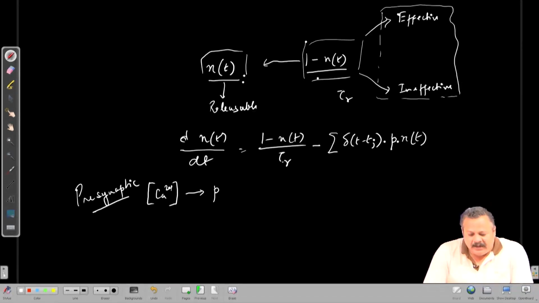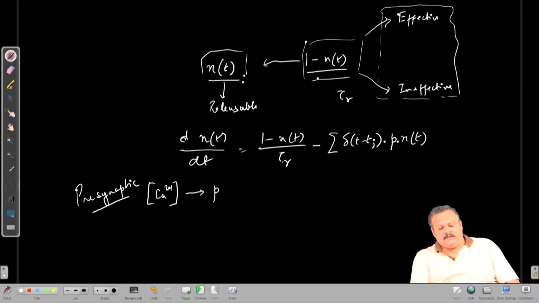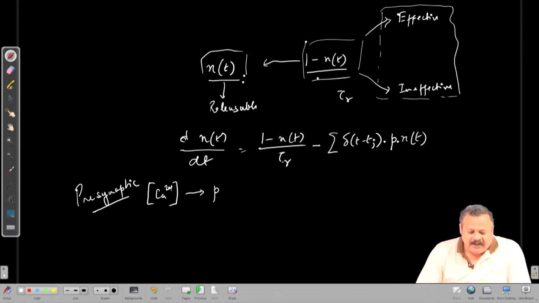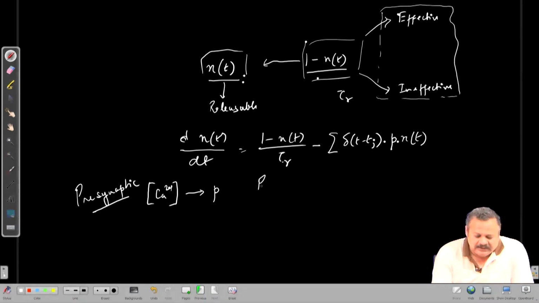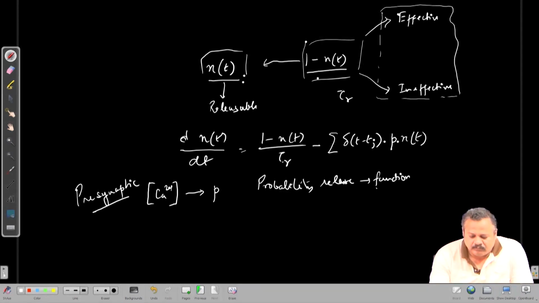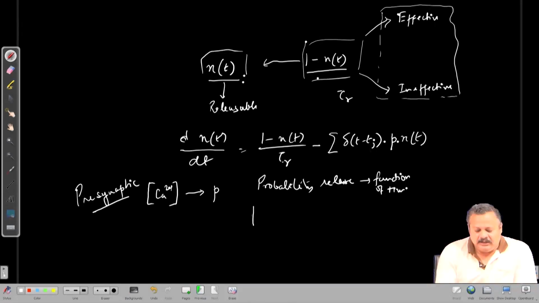This probability of release, the way we have written it here, is not going to lead to facilitation. What we need to do is make this probability of release a function of time. So, that is essentially PT.